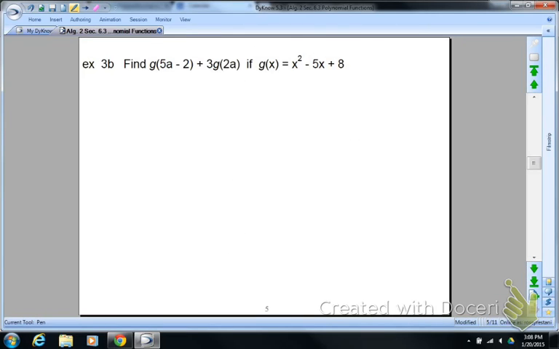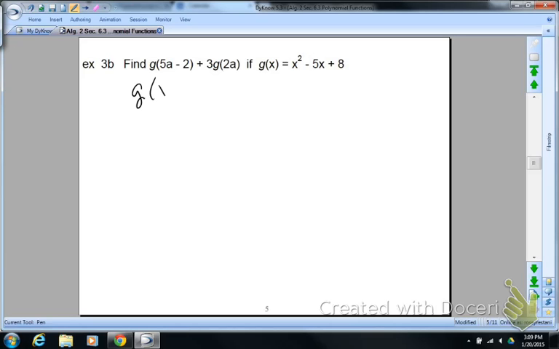So the very first thing we're going to have to do, into the function, the g of x is the same thing as f of x. In the g of x function, wherever we see x, what are we going to replace? Everywhere we see x, we're going to plug in 5a minus 2. So let's first write the function.